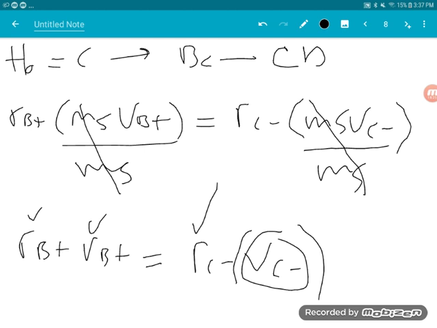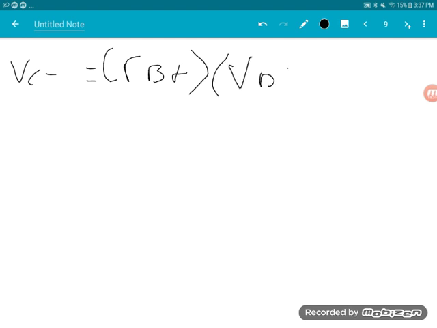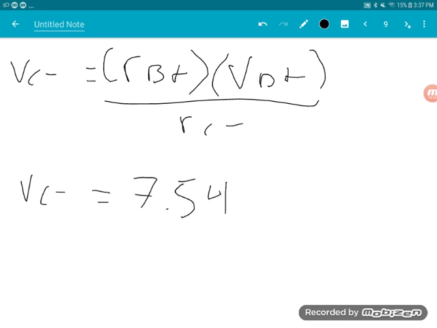Okay, so let's go ahead and do that. VC minus is equal to RB plus multiplied by VB plus, all divided by RC minus, which is the velocity at C minus, equal to 7.54 E3 meters per second when you plug everything in.